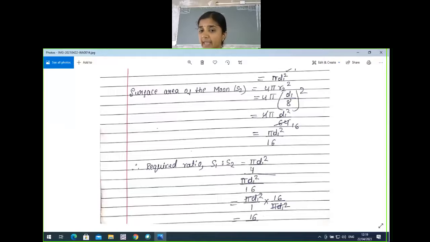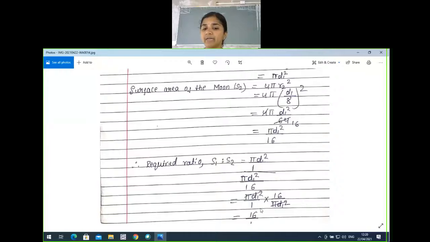This is the surface area of the earth, and this is the surface area of the moon. Then we have to apply the reciprocal multiplication. Pi d1 square divided by 1 into 16 by pi d1 square. Here pi d1 square get cancelled. So 16 divided by 1 is remaining. So the required ratio is 16 is to 1.